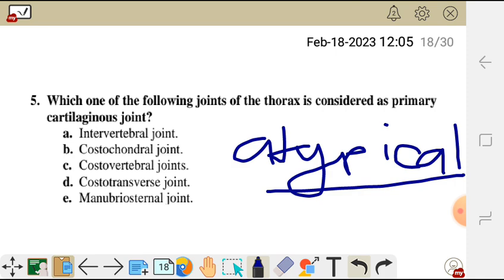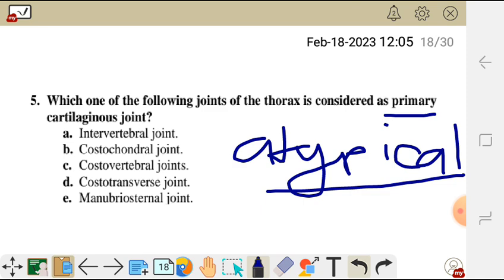The difference between primary and secondary cartilaginous joints is that the primary cartilaginous joint is covered by hyaline cartilage, and the secondary is covered by fibrous cartilage.